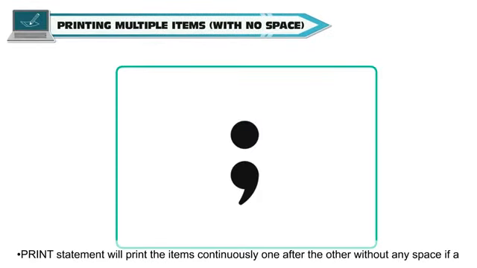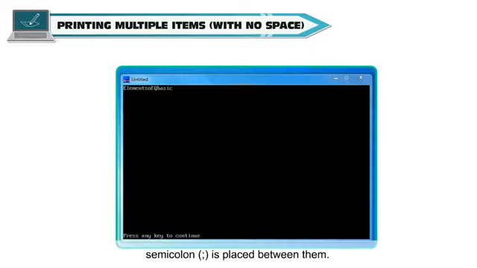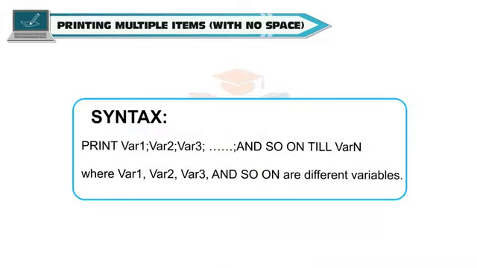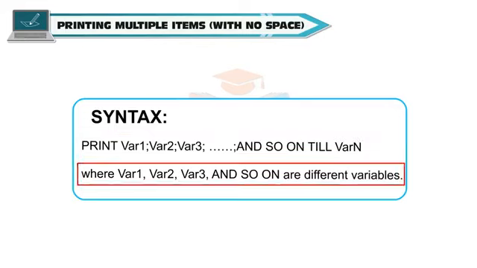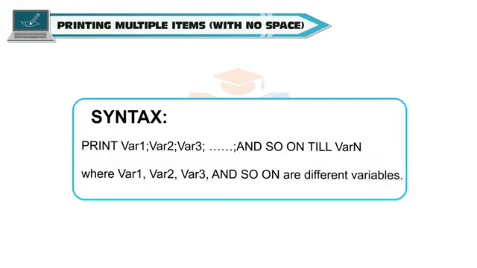PRINT statement will print the items continuously one after the other without any space if a semicolon is placed between them. The syntax is PRINT variable1; variable2; variable3 and so on till variable n, where variable 1, 2, 3 and so on are different variables.